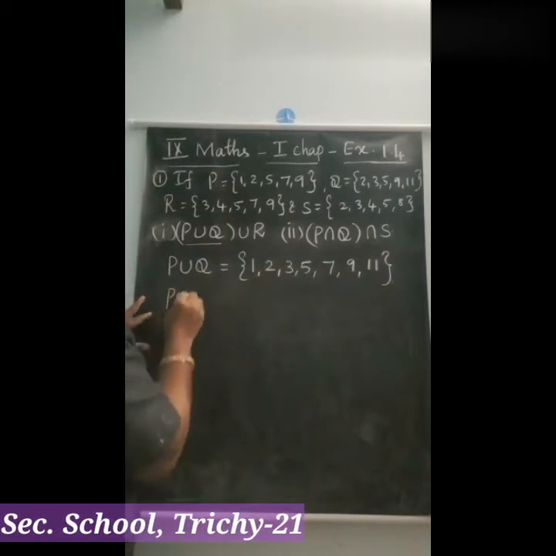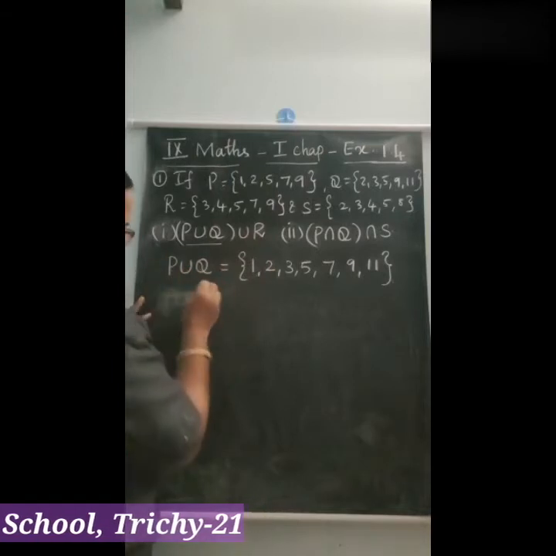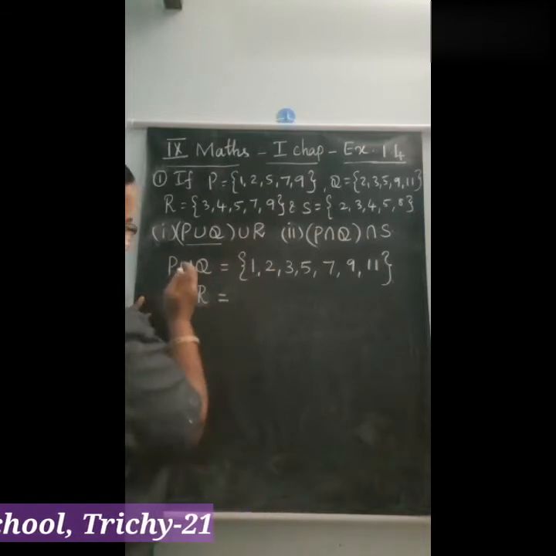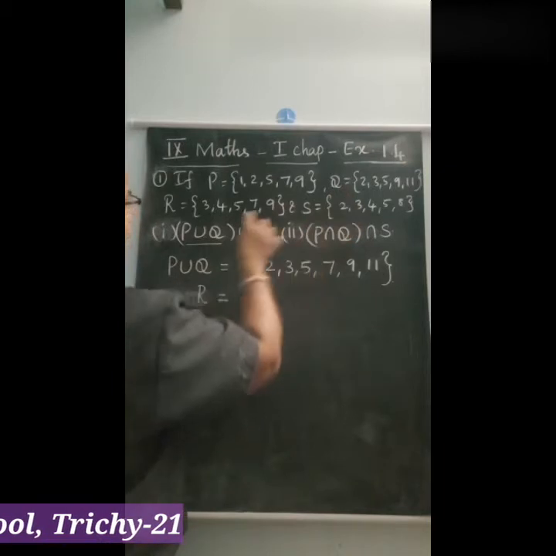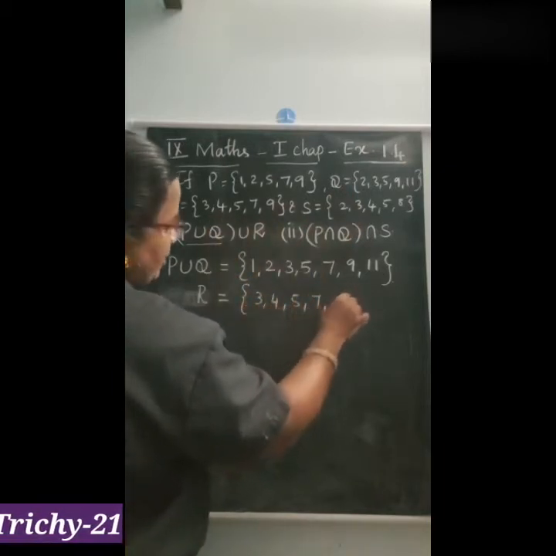And next one, P union Q union R. So, first you have to write the R set. R is equal to 3, 4, 5, 7, 9.